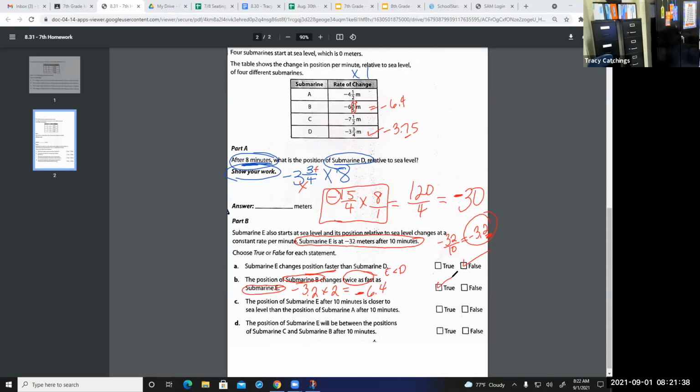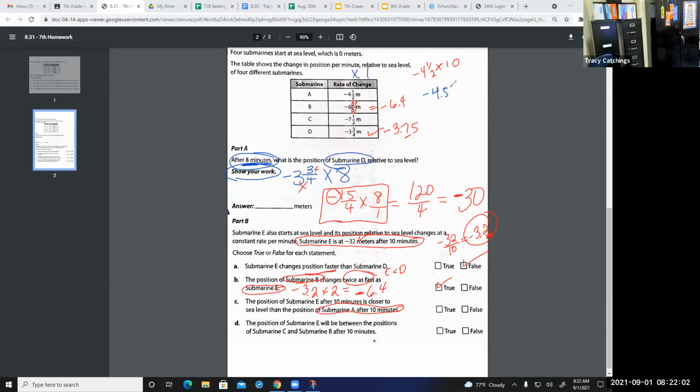C said the position of E after 10 minutes is closer to the sea level than the position of A after 10 minutes. Well, let's check out A after 10 minutes. We know E after 10 minutes was negative 32. So A, negative 4.5 times 10. You leave it as a fraction or you change to a decimal? What's a half as a decimal?